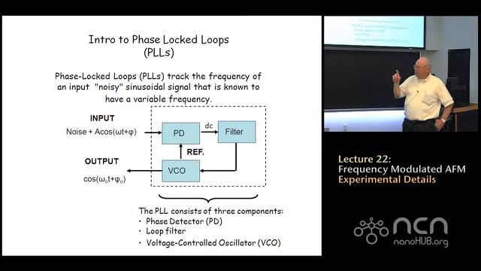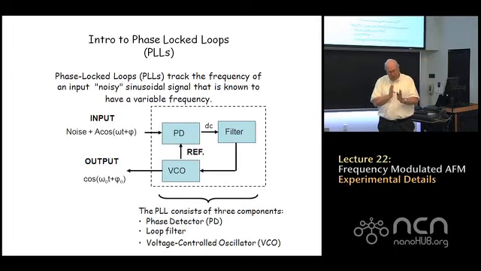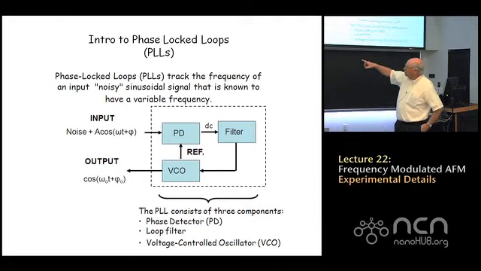And the phase lock loop is programmed in such a way as to make that DC output go to zero. When the DC output goes to zero, that's telling you that the frequency, omega naught, and phase, phi naught, from this voltage-controlled oscillator match exactly the omega and phi of your unknown signal, right?